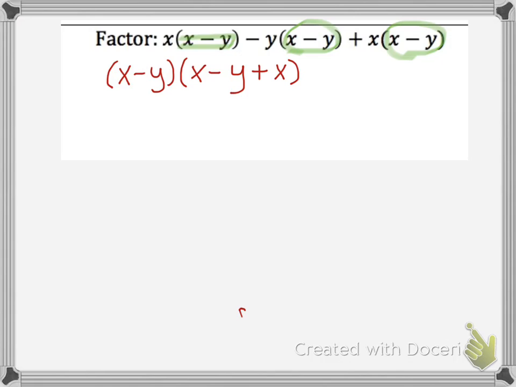And those are your factors, but of course we can simplify our like terms. So you have x minus y times 2x minus y. And then that is factored. So a little different than we've seen before, but it's like taking out that greatest common factor. And that's kind of what we're moving towards today.